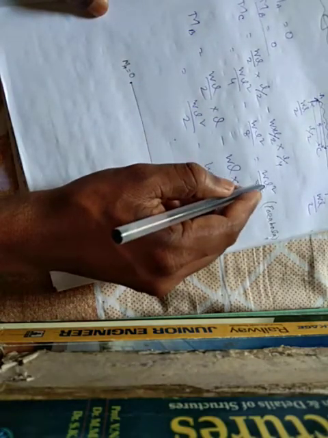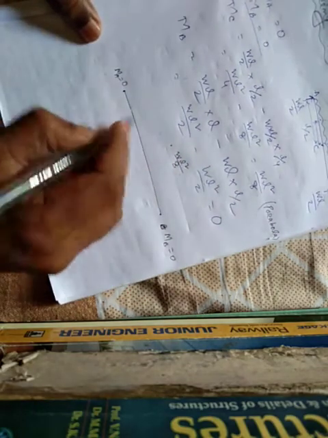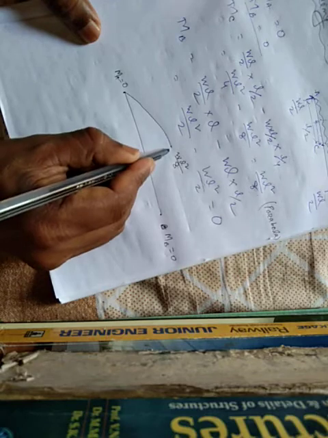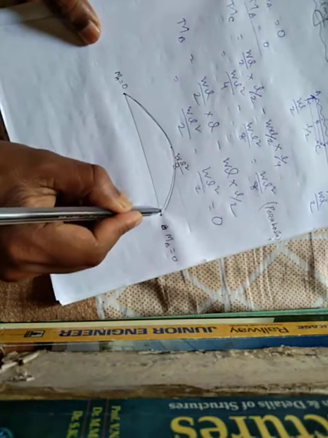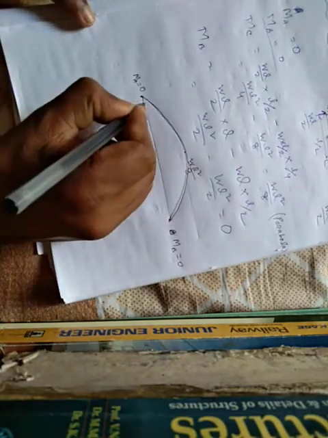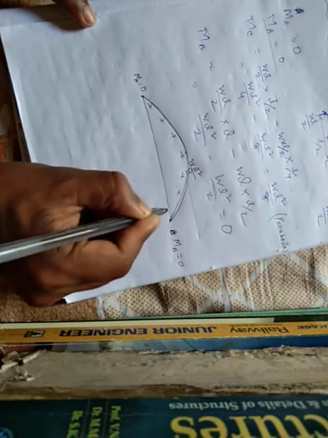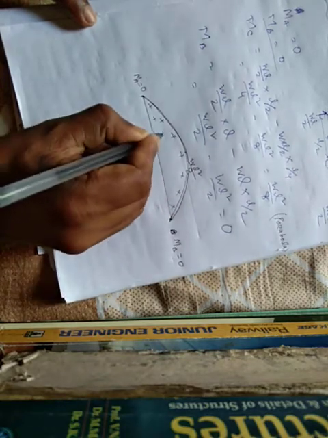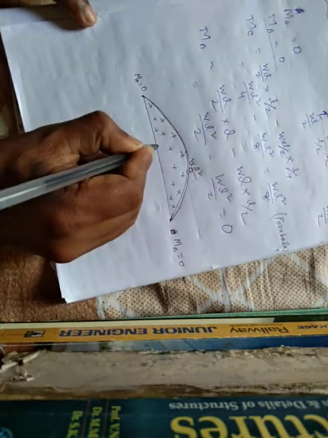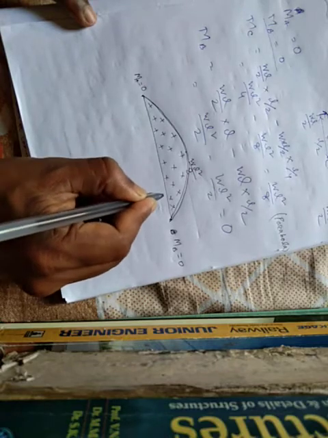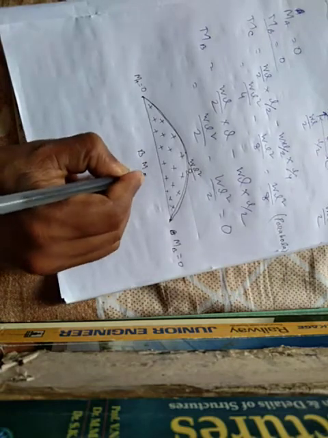Moment about point C is equal to WL square by 8. This curve is a parabolic curve, a positive bending moment. This is the bending moment diagram.